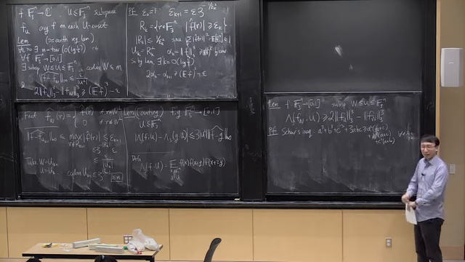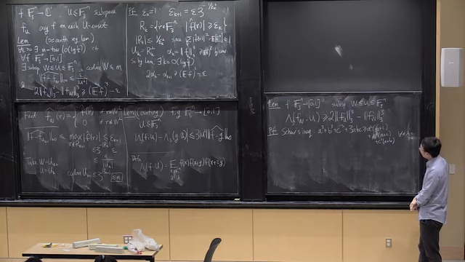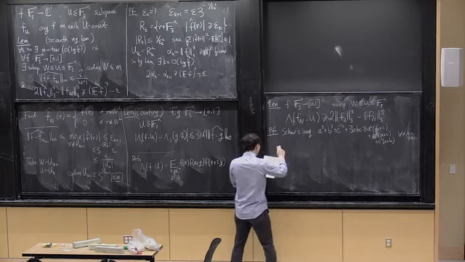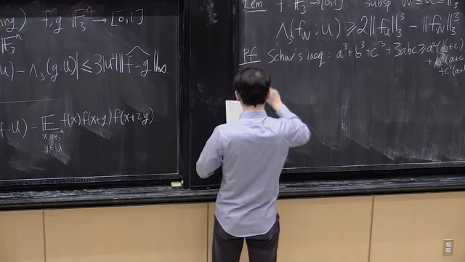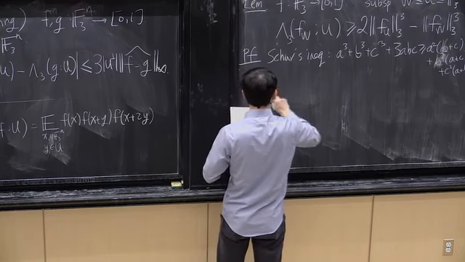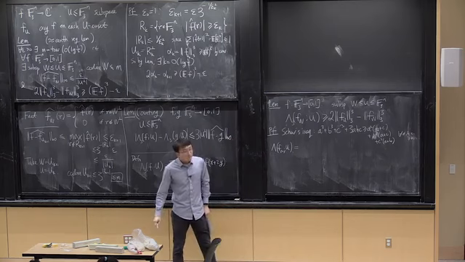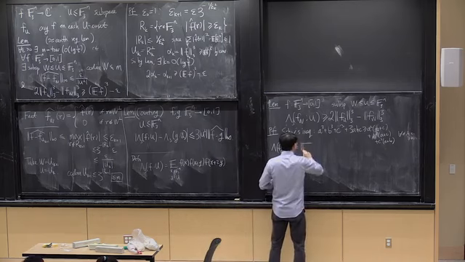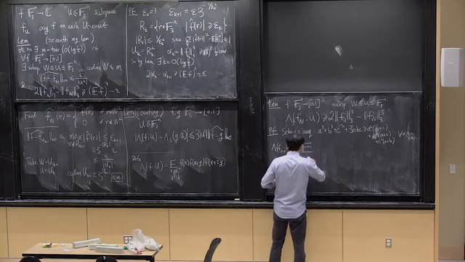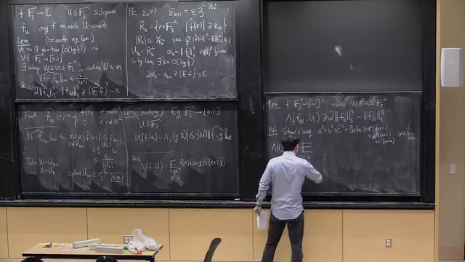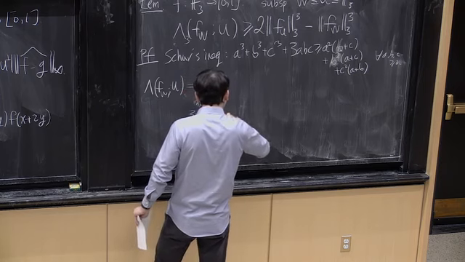Okay, so that's Schur's inequality. If you look at the left-hand side, it can be written as a sum in the following way. It's the expectation over x, y, z that are 3 APs in the same U coset.